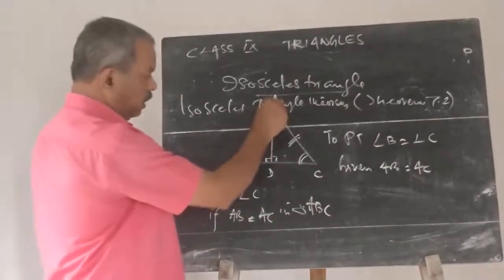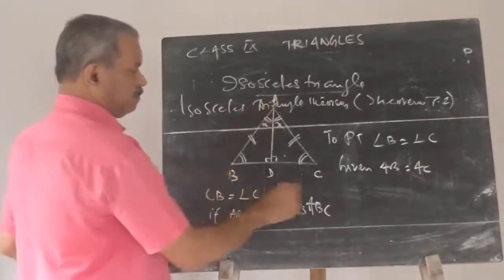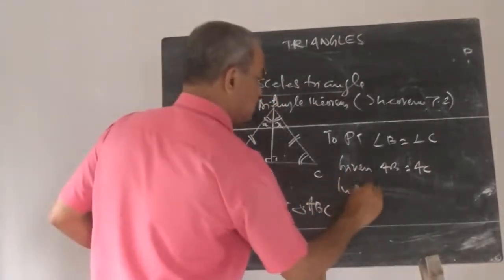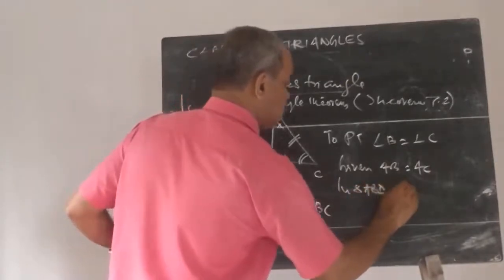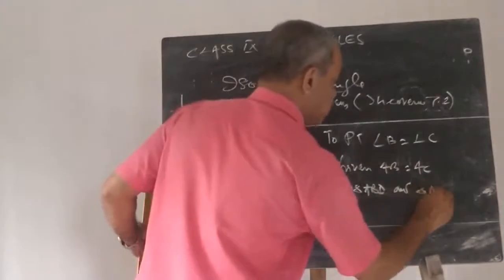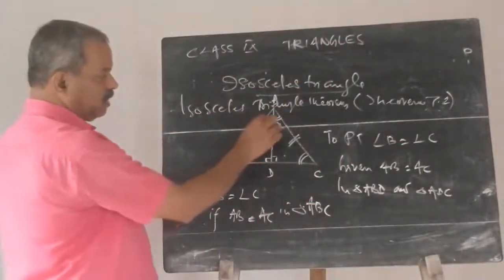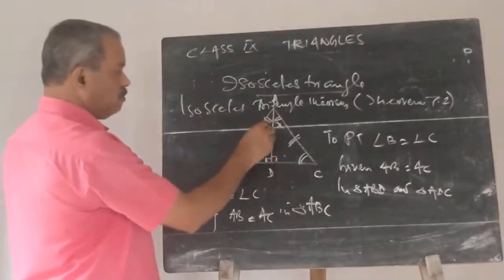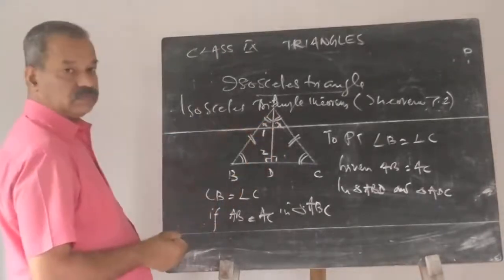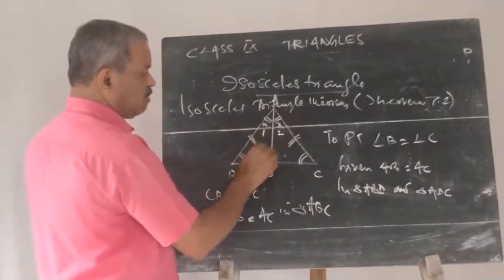Here, consider two triangles, triangle ABD and triangle ADC. Two angles of one triangle: 1 and 2, 3 and 4.